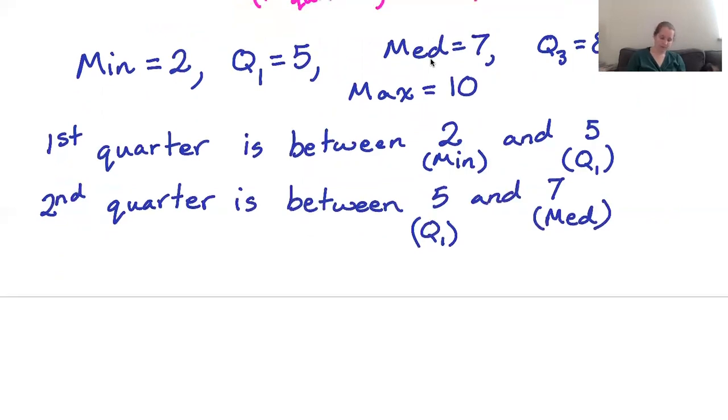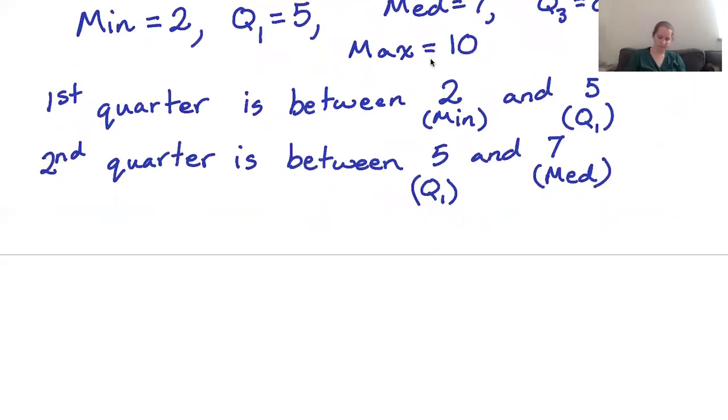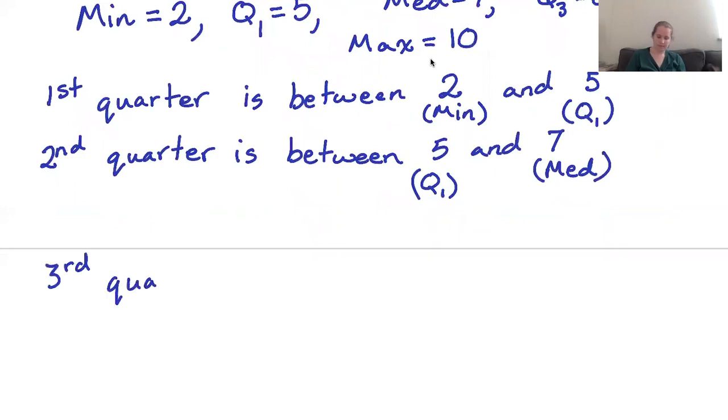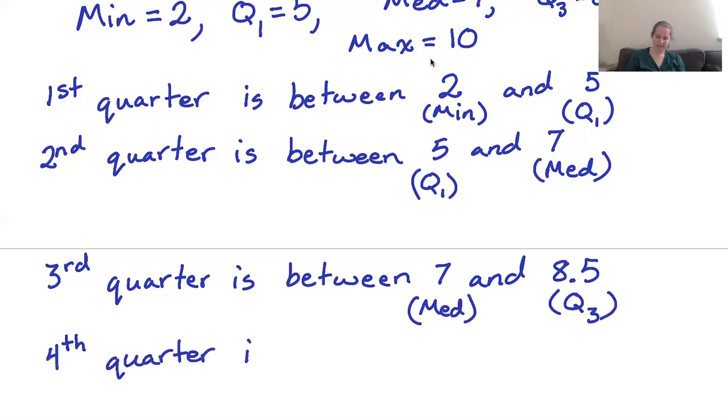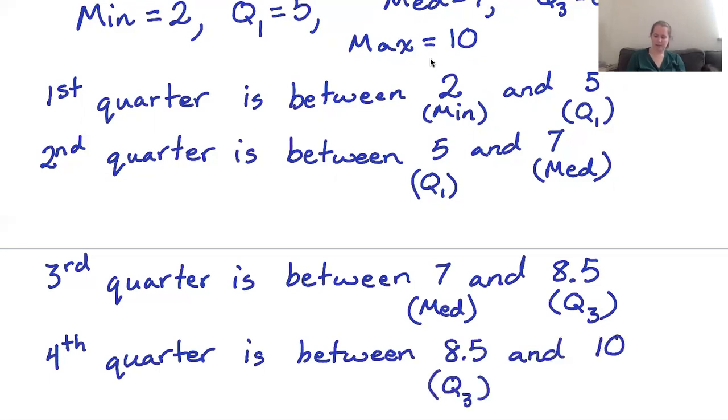Our third quarter is between 7 and 8.5. Our median and Q3. And then our fourth quarter, the last quarter, is between 8.5 and 10. And that was our Q3 and our max.